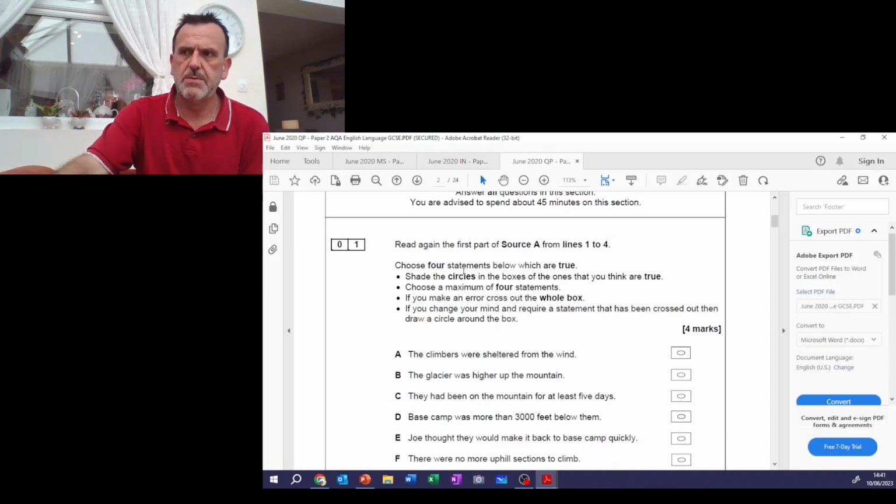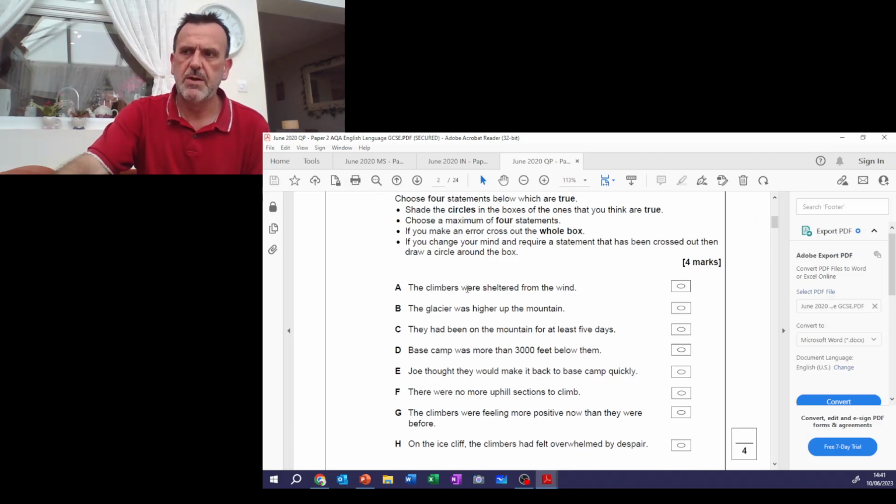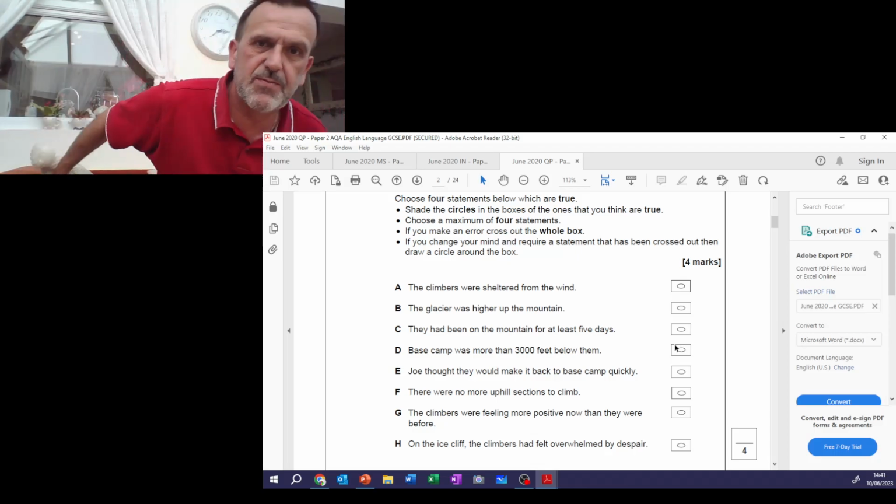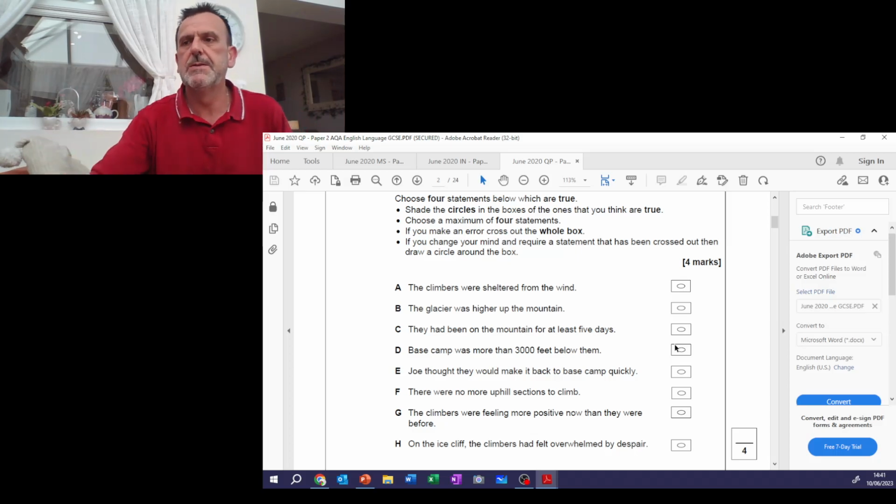So the first question is true or false. I'm not going to go over that too much, but the key to that is you read all the statements, because they are likely to be at the bottom, because they are trying to make you read all of it. If you think that the 4 true statements are the first 4, which they could be, I would double check that, because there is a chance they are probably not.